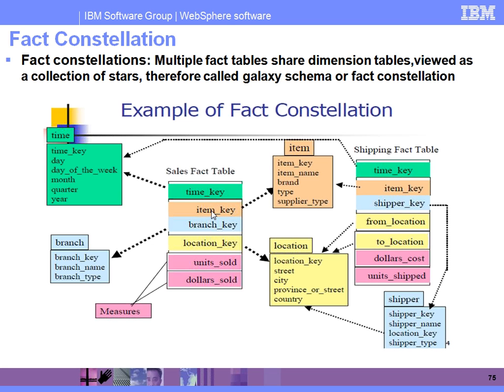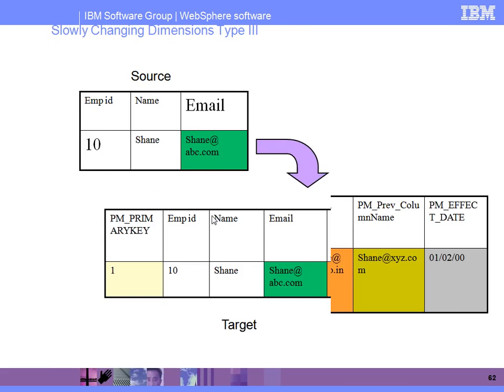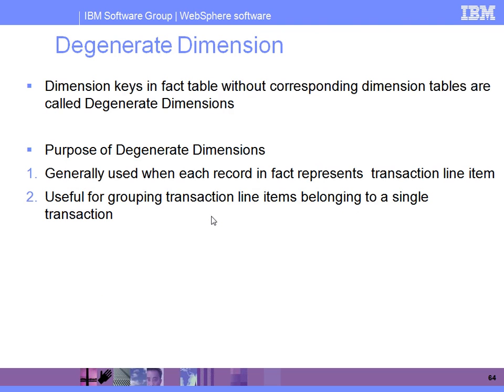What is the purpose of this degenerated dimension table? Why do we need to implement this degenerated dimension table separately? There are some purposes. Generally, if I know one single piece of information, by using that single information I want to track my total data. It's a kind of simple tracking purpose. If you want to track any particular information by using a single piece of information, say I know only the product ID.